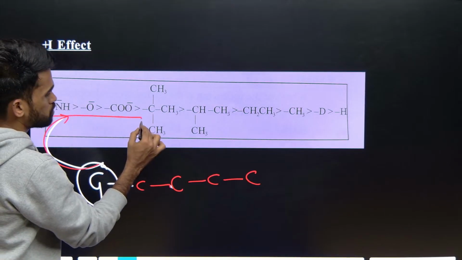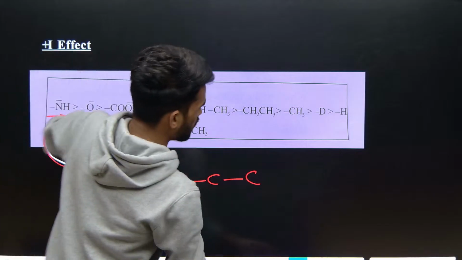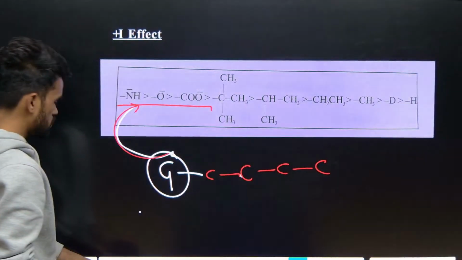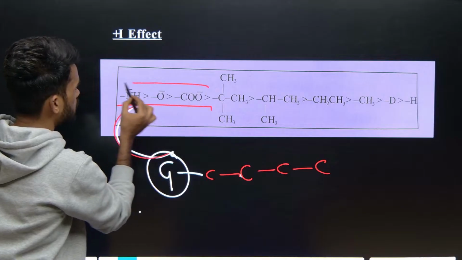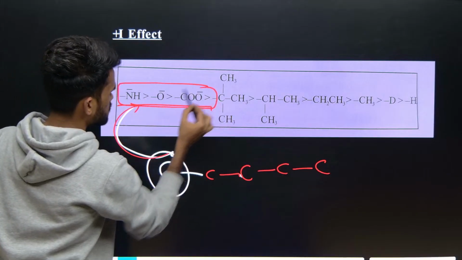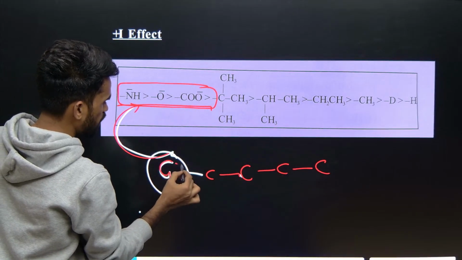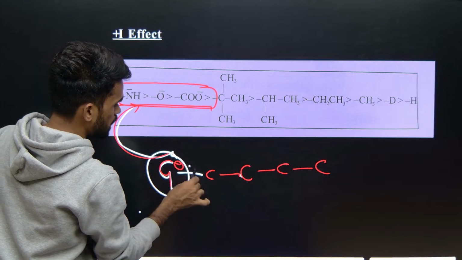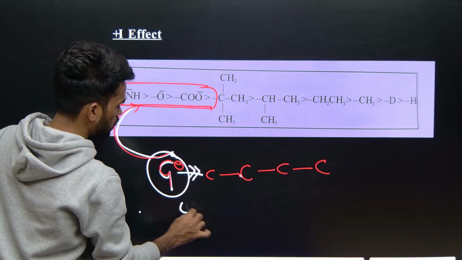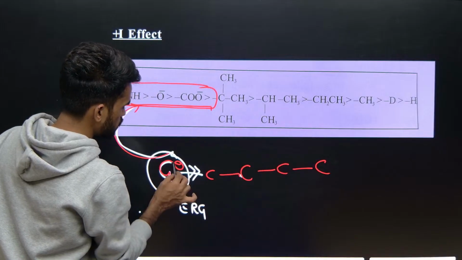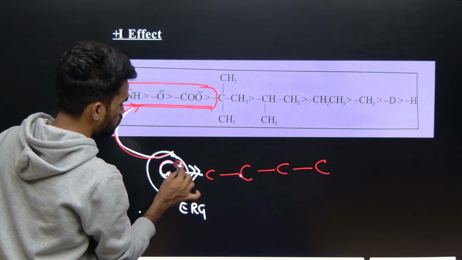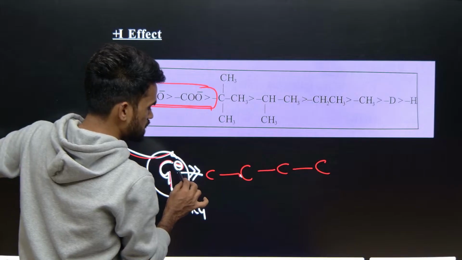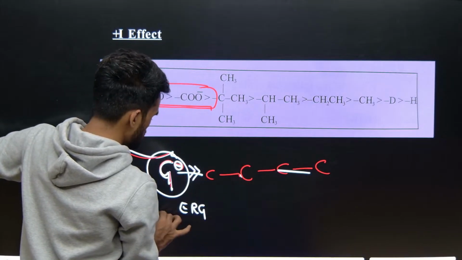See, if you observe all these, these groups are having a minus charge on them. If any G group has a negative charge on it, it is considered as, or acts as, an electron releasing group. If the G group has more electron density, it releases electrons into the chain, then we can say it is a plus I group.